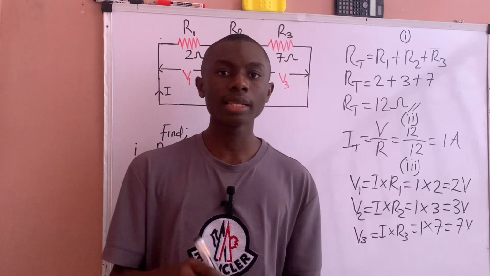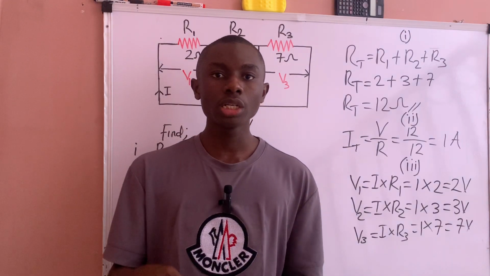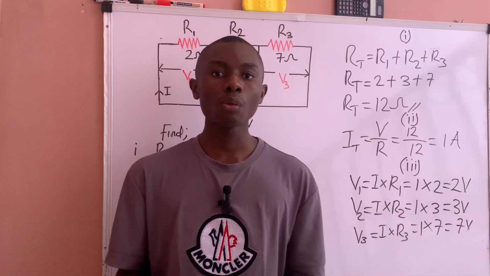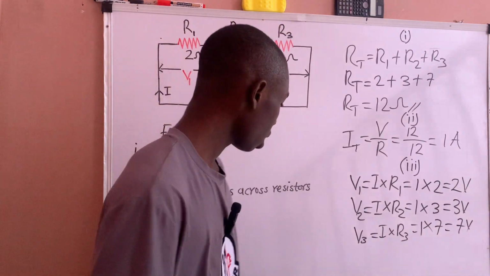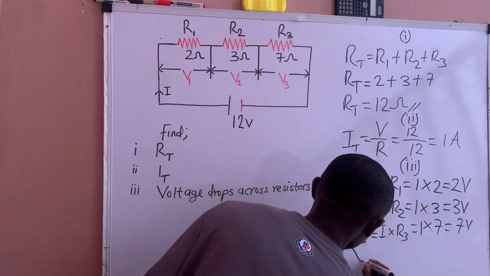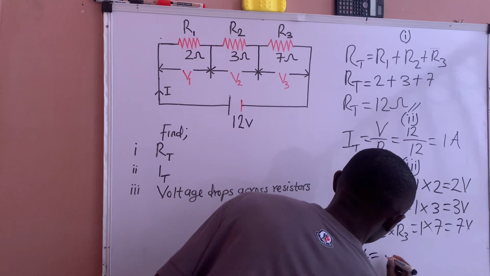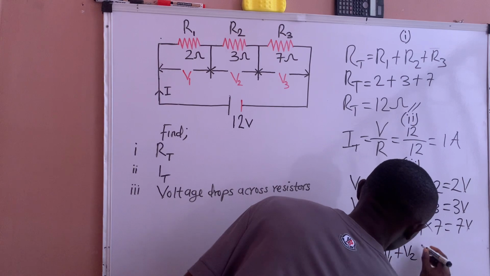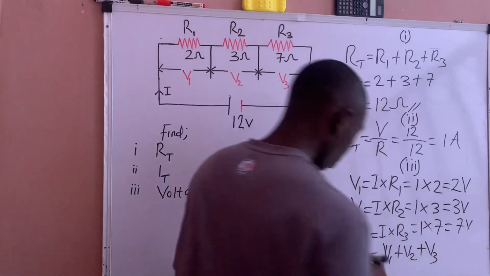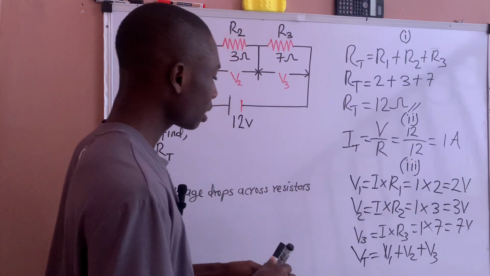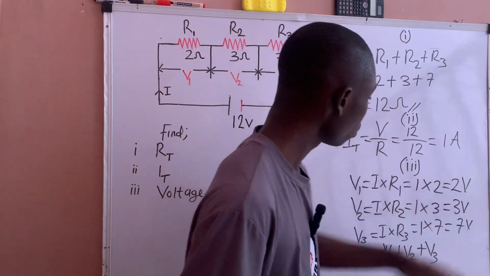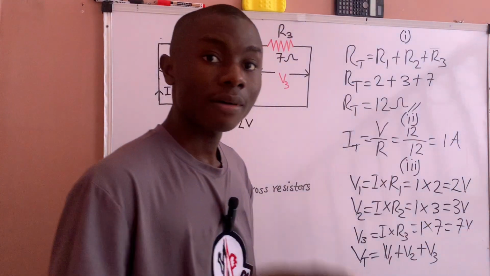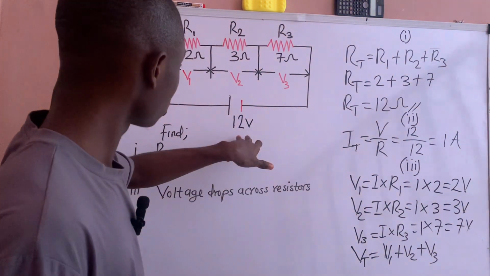Series circuit. We state that the total voltage is equal to the sum of the voltage drops across the individual resistors. So now let us confirm, which is Vt equals V1 plus V2 plus V3. To check whether our answer is true, if we sum all of these voltage drops, our answer will give us 12 volts.